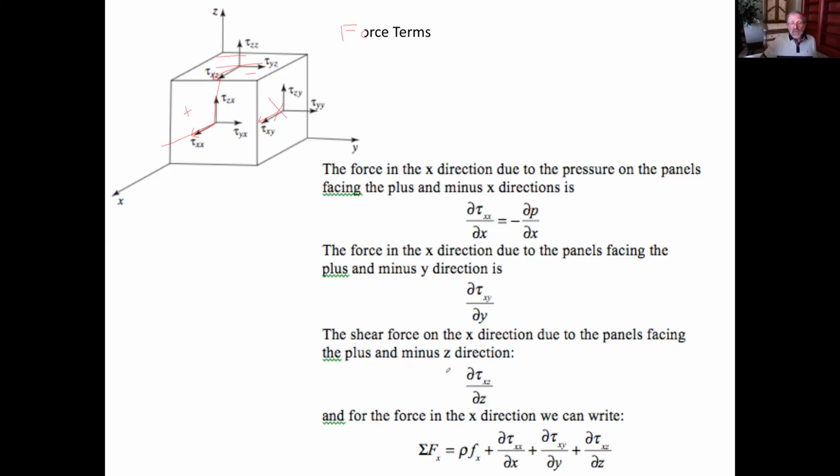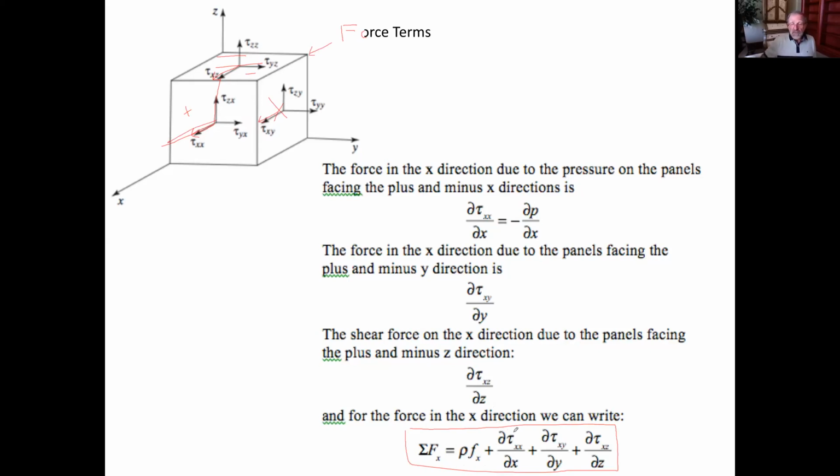So if I want to have the correct force, actually I have to jump here. I have to take the body force, okay? And I have to take the difference between the shear, let's say this is the x direction, this shear xx, okay? So that's this term, the xx is the pressure. So the pressure here and the pressure in the back. What is the difference?